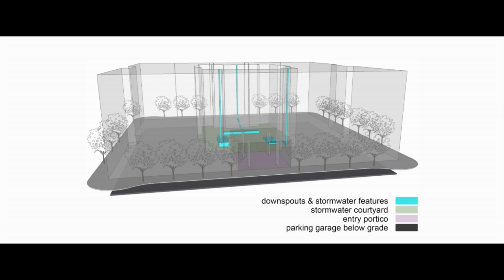So we looked at how to take the stormwater off, collect it on the roof, funnel it down, and do something fun with it. Well, I thought, how do you do that? It's not always raining in Portland, and if you make something that's activated by stormwater, then it's only activated some of the time. Maybe more often than in Phoenix, but still only some of the time.